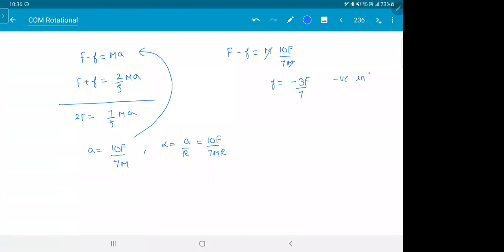So negative indicates the friction direction you took was wrong. So basically on the diagram, they can ask questions like this also. Friction was like this actually. We took friction backward, no? It is actually forward. So in this, there will be 3 questions: find A, find alpha, find friction's direction, front or back, like that.